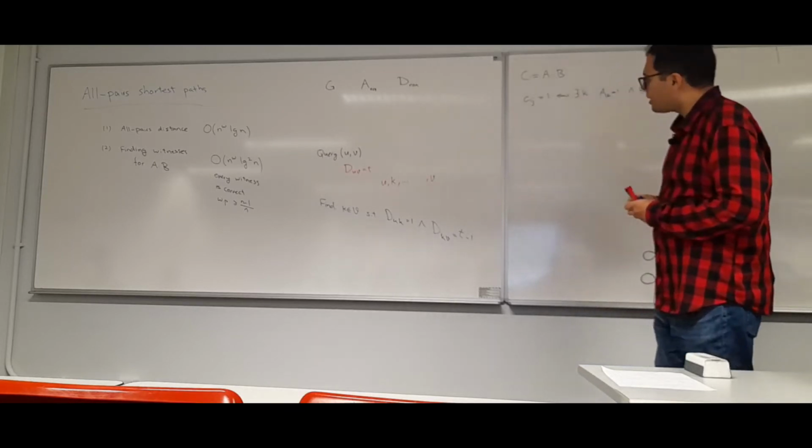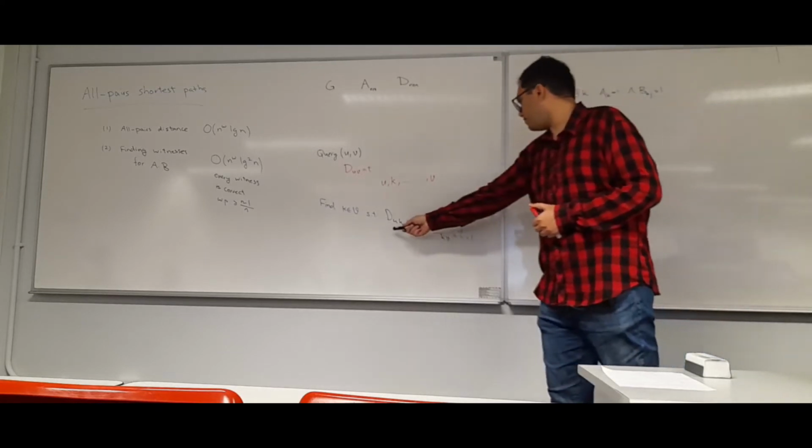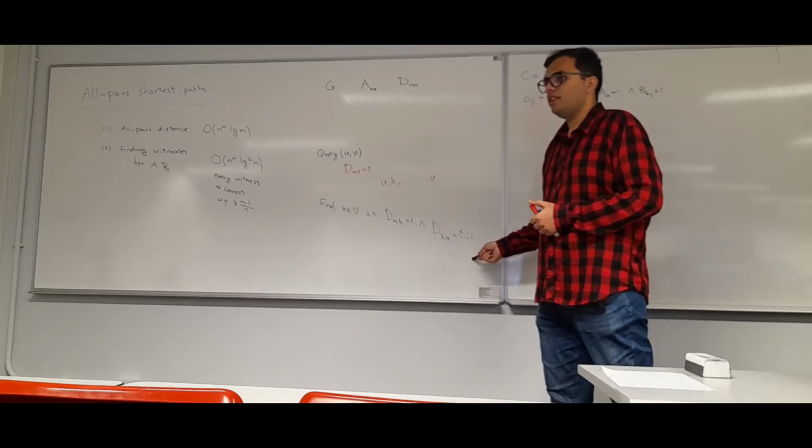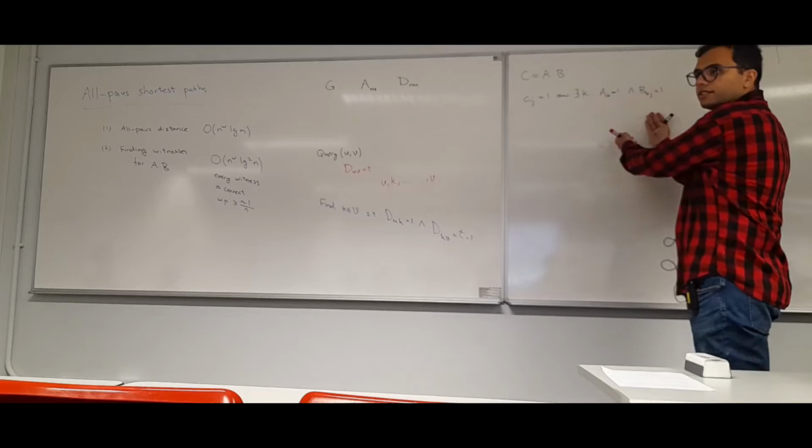Okay, so I know how to find a K like this, but the conditions I have here look a little bit different. So I just have to massage these constraints so that they look like this.